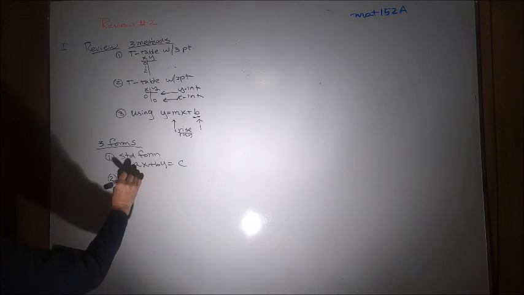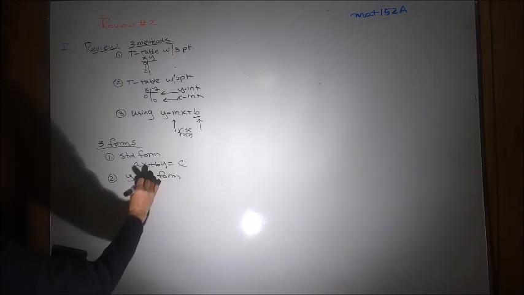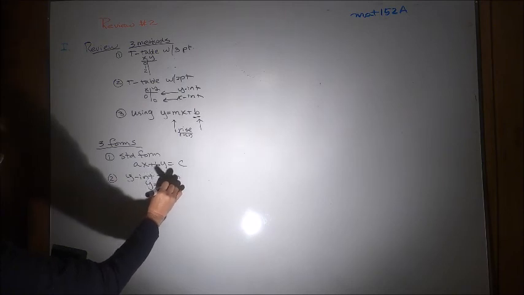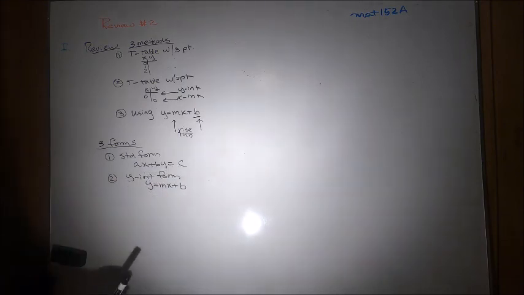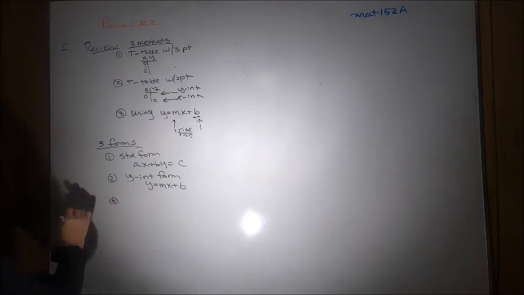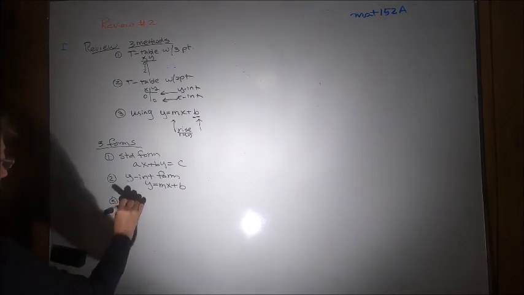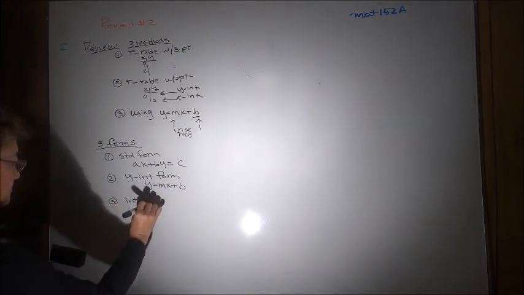The next one is what? Slope-intercept form, which is y equals mx plus b. Then m is your slope, b is your y-intercept, right? And the third form is the intermediate form.